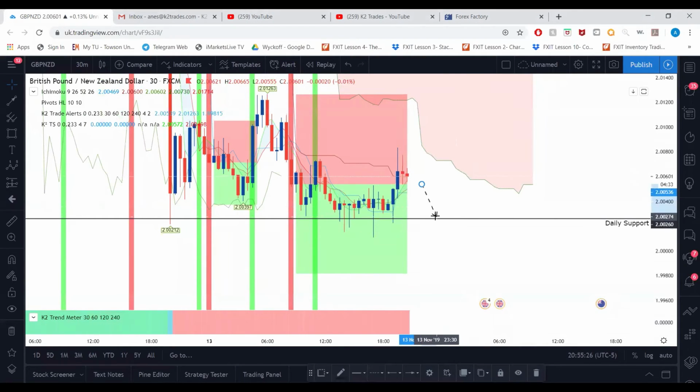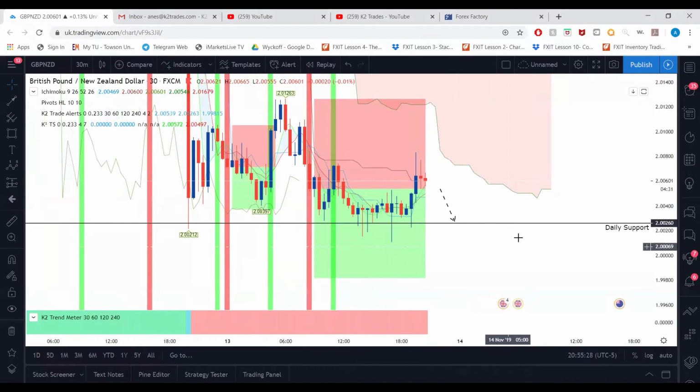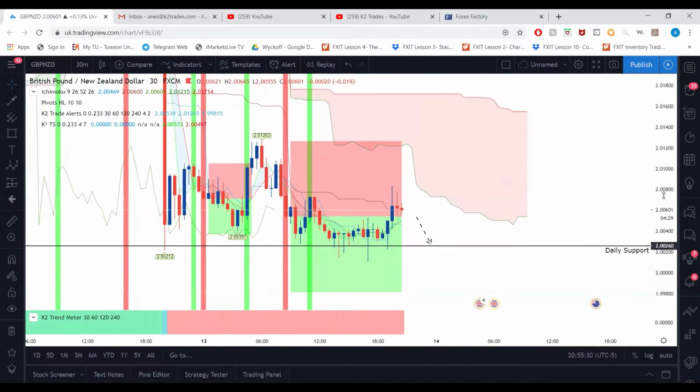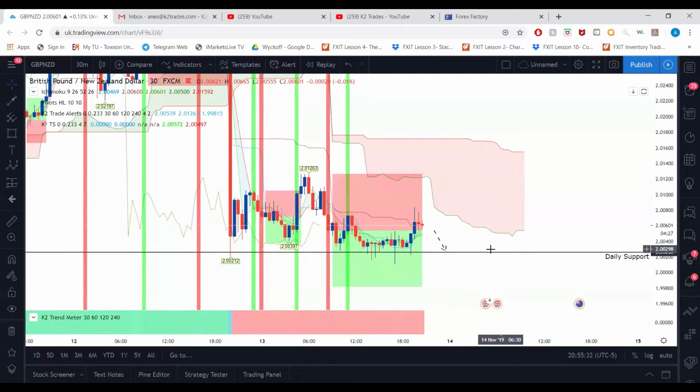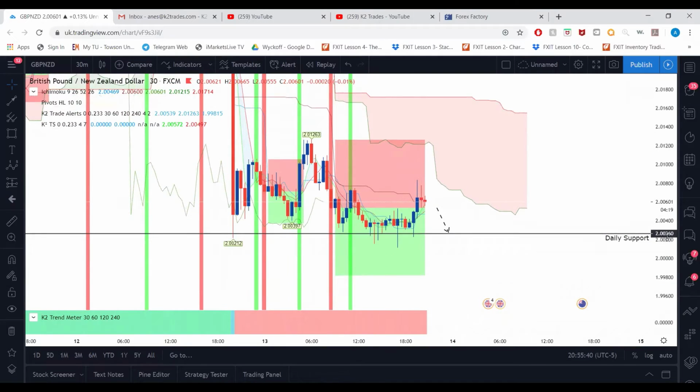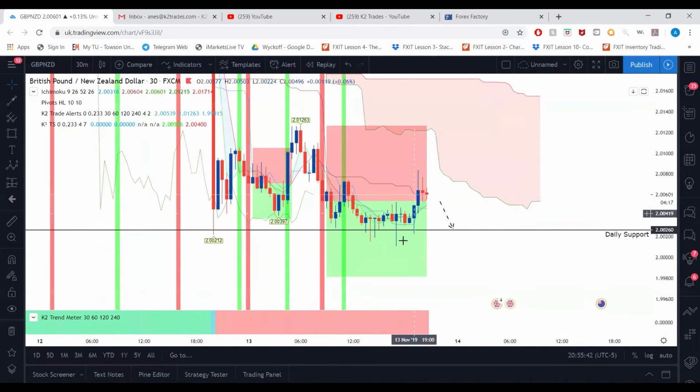But me personally, I would like to see the drop here. And the reason I would like to look for the buys, like I said, is that it's daily support, and you already see those wicks rejecting it. It keeps rejecting price from going further down, and that's how you read candles.